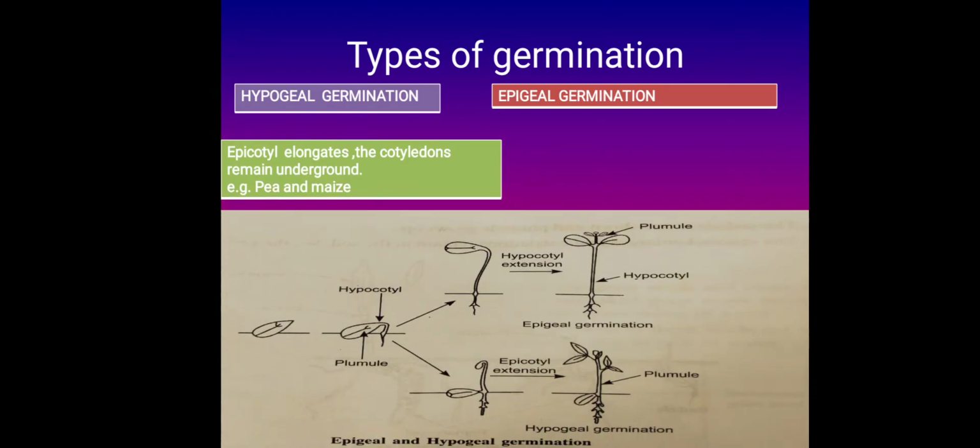Now hypogeal once again. In case of hypogeal, the epicotyle elongates and the cotyledons remain underground. Examples of hypogeal germination: pea and maize.